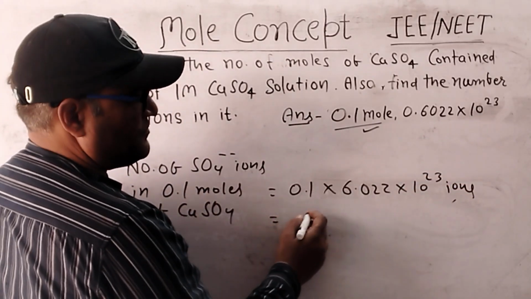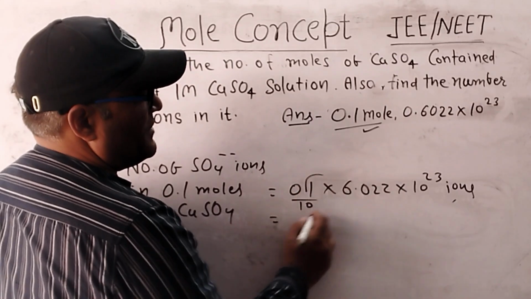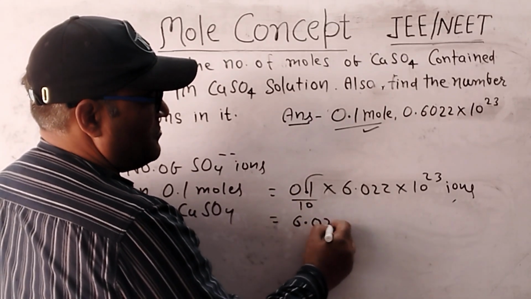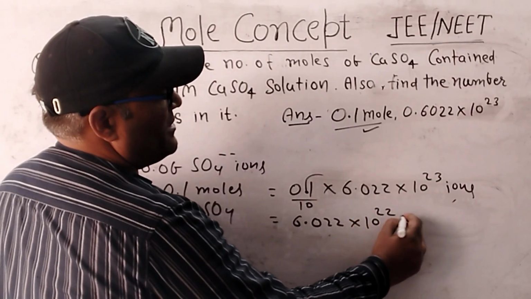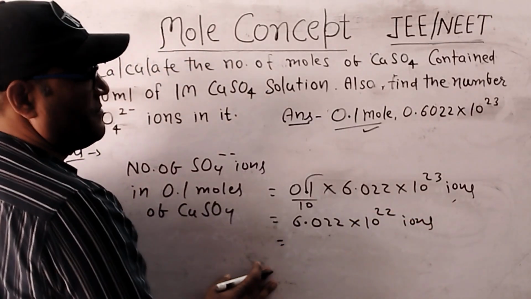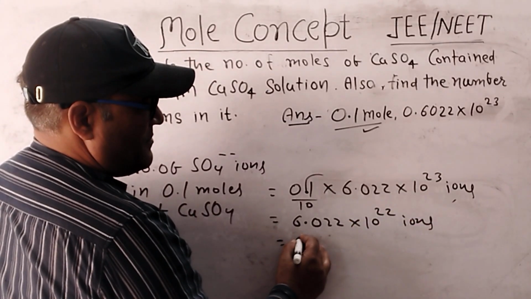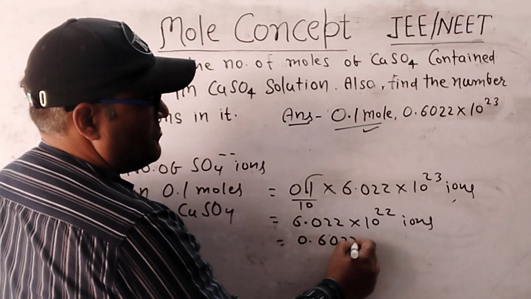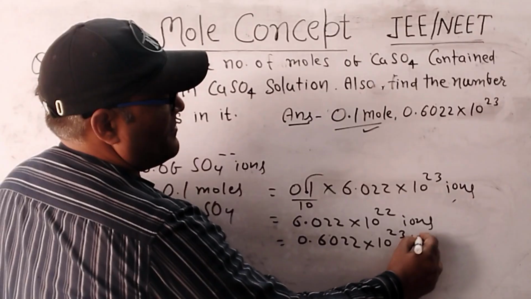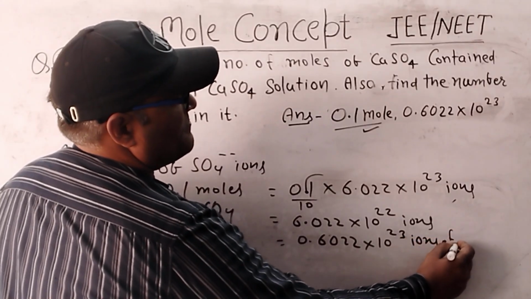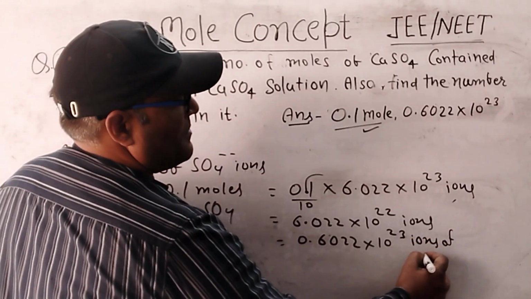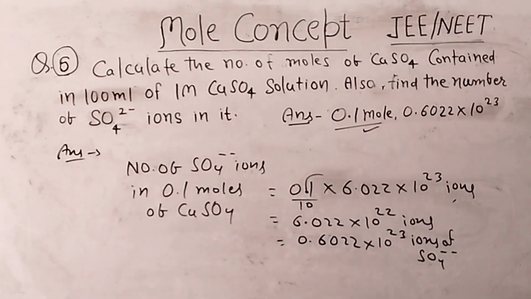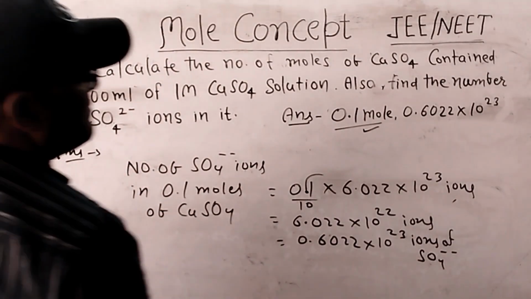Now divide by 10, remove the decimal from here, and now 6.022 into 10 to the power 22 ions. In other terms, 0.6022 into 10 to the power 23 ions of sulfate is present here. So the question is finished right now. So this is the answer.